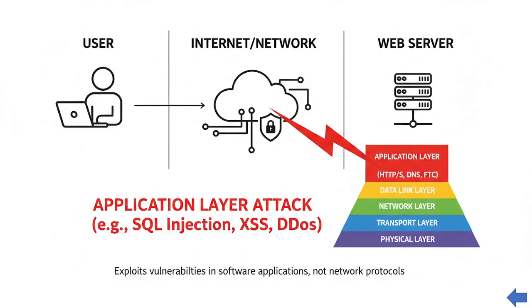As you can see, a user interacts with a web server through the internet or network. However, an application layer attack specifically targets the application. So here the application layer attack is specifically targeting the 7th layer.